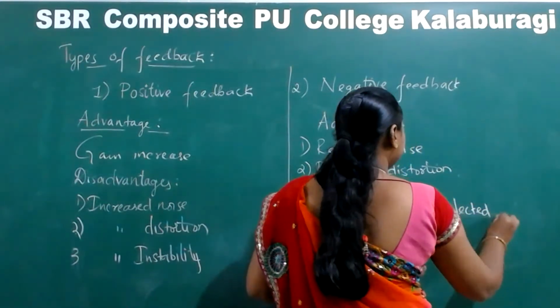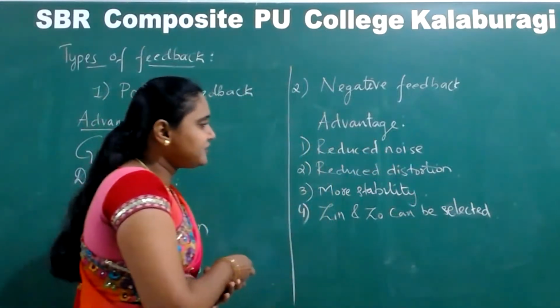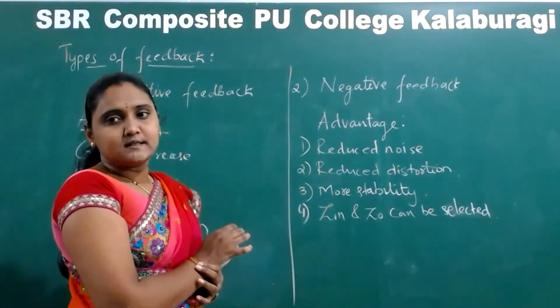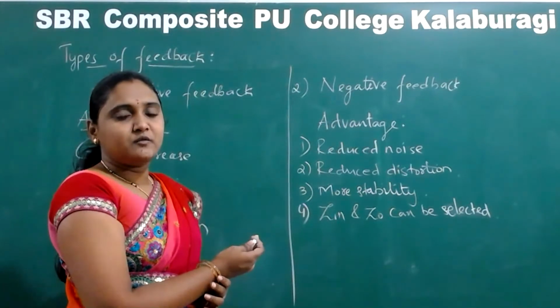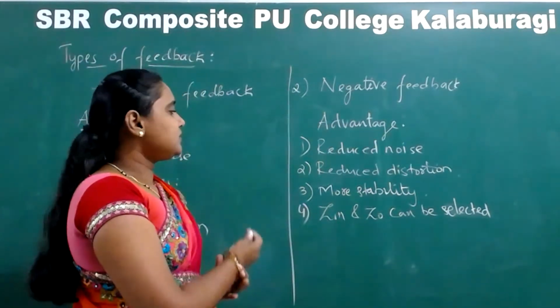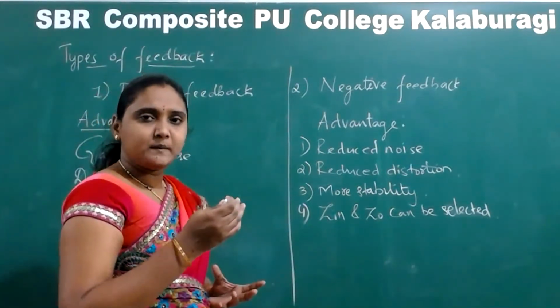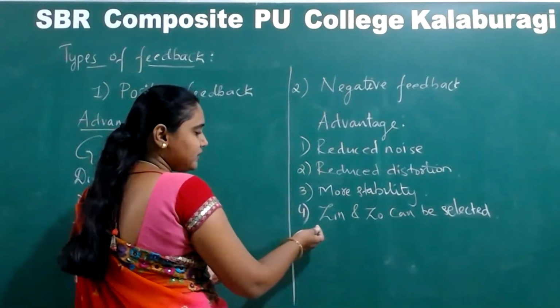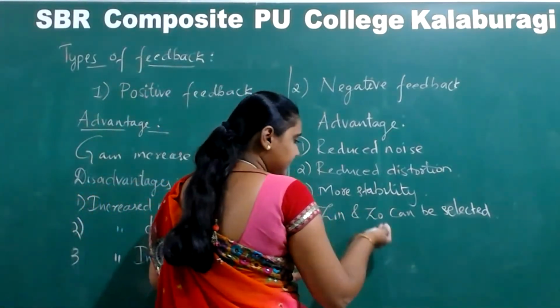Okay, what does this mean? Different types of configurations of the negative feedback are going to give you various input impedance and output impedance. So depending on your applications, you can go for low input impedance and high output impedance, and vice versa.